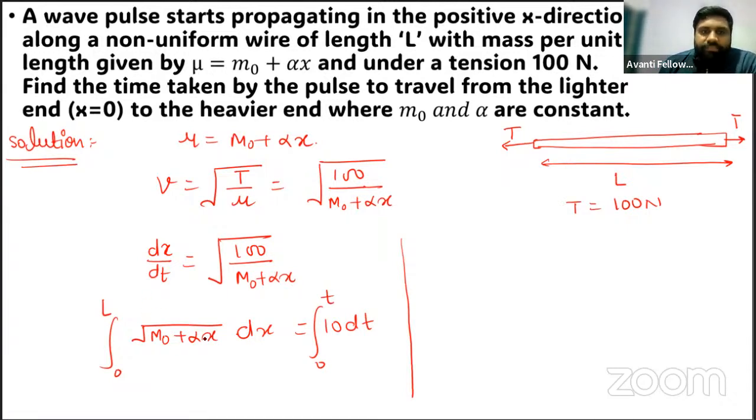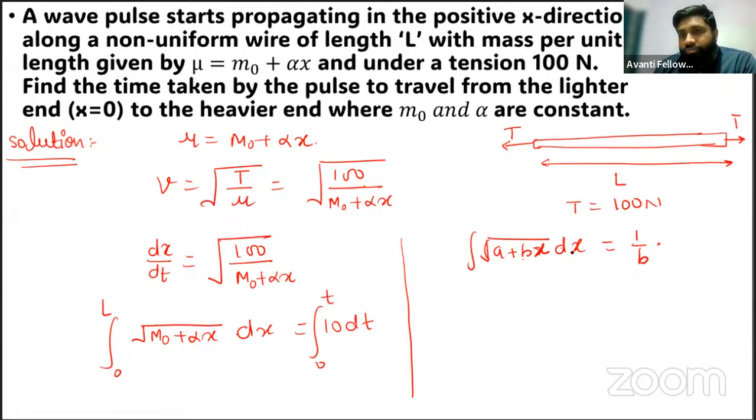So integration of such type of expression, integration of root a plus bx dx, is given by what? 1 upon b. Whatever the coefficient written in the multiplication of x, you need to divide by that, 1 upon b. If it is minus, you need to divide by minus b. Into this whole function, you need to treat it as root x.